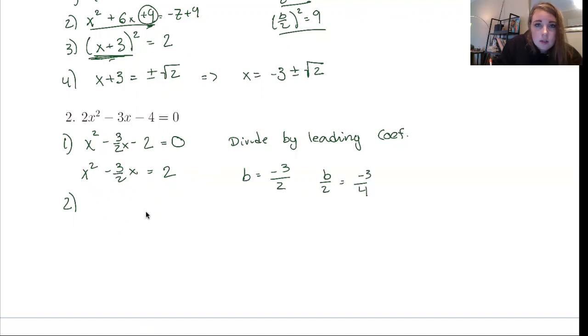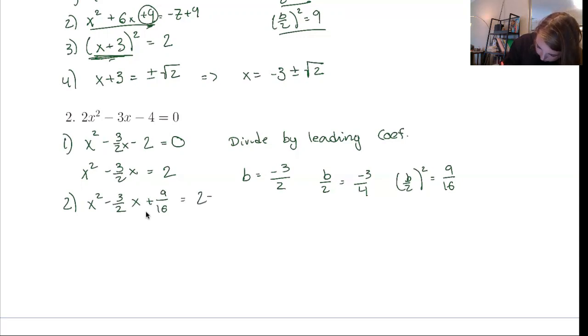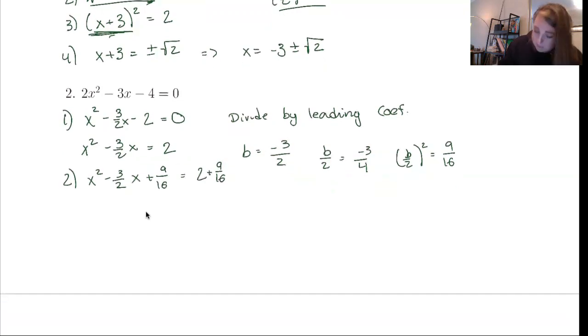And then b divided by 2 squared would be 9/16. Okay, cool. So x squared minus 3/2 x plus 9/16 equals 2 plus 9/16. I think I might have said 19 earlier, but I meant 9.